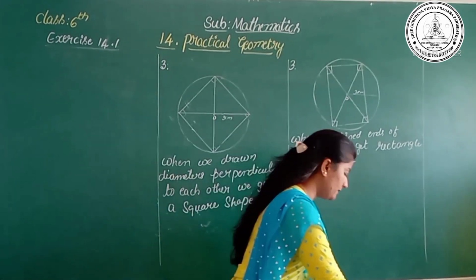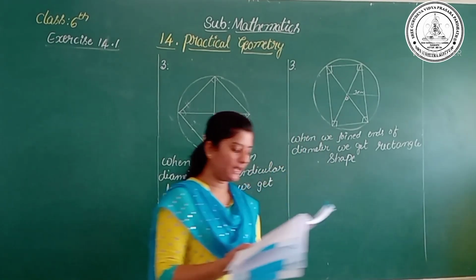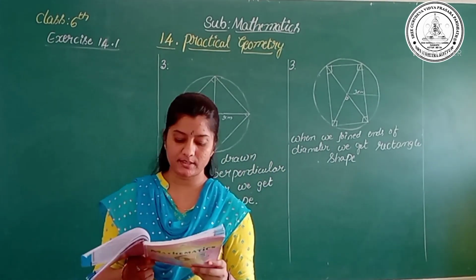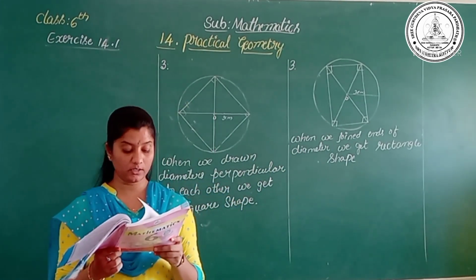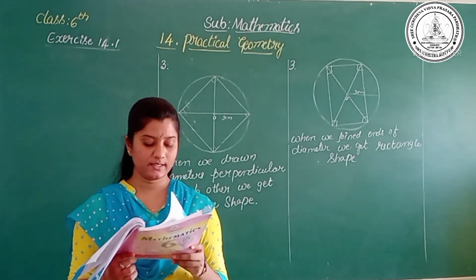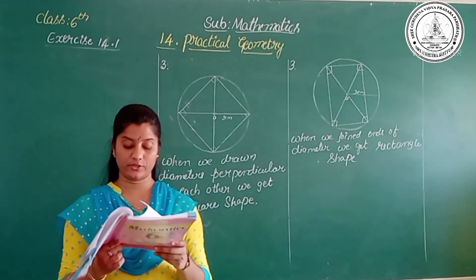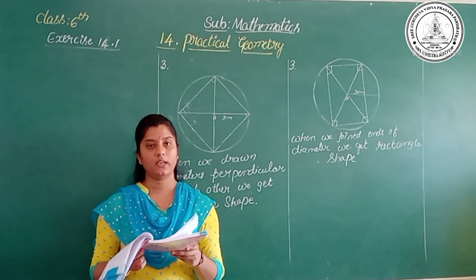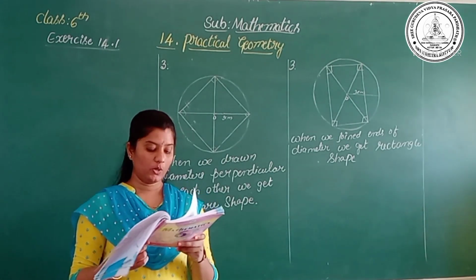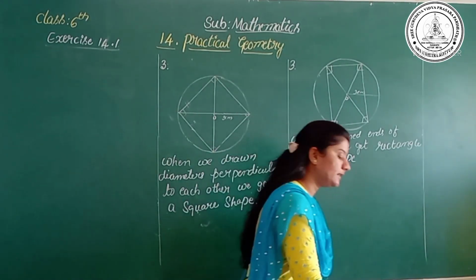The fourth question is given: draw any circle and mark the points A, B and C such that A is on the circle, B is in the interior of the circle and C is in the exterior of the circle. So first draw a circle.